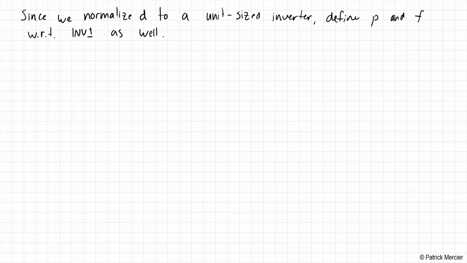Okay, so specifically, let's say the definition of P is equal to the load capacitance of our circuit divided by the load capacitance of a unit-sized inverter.